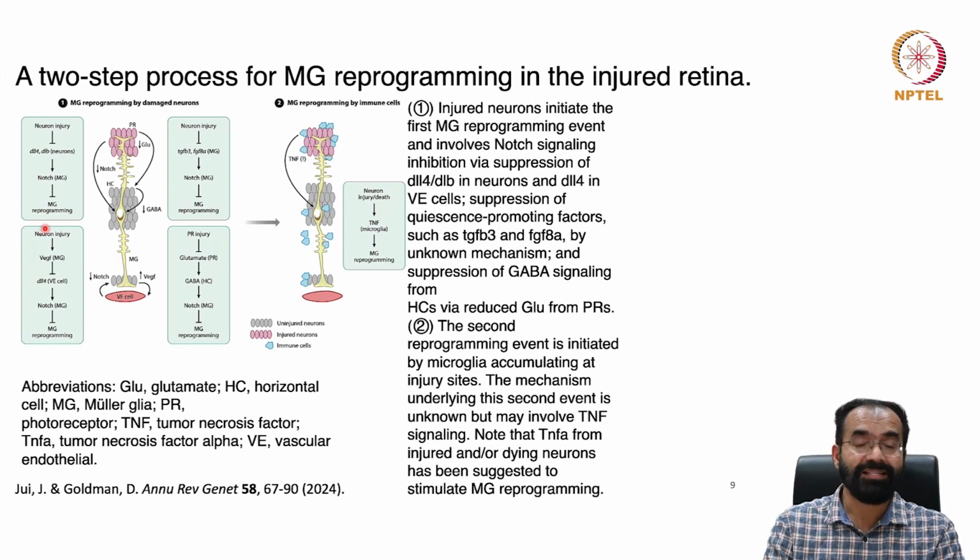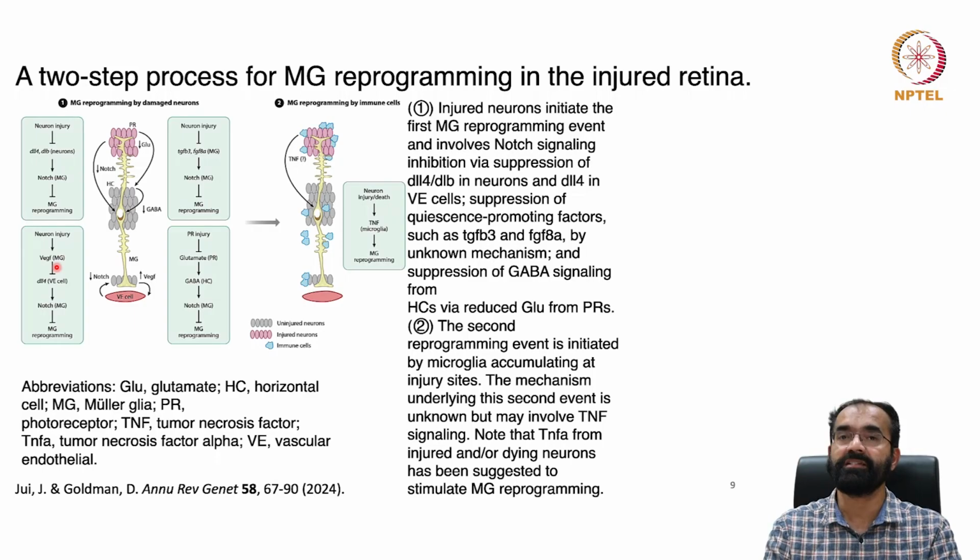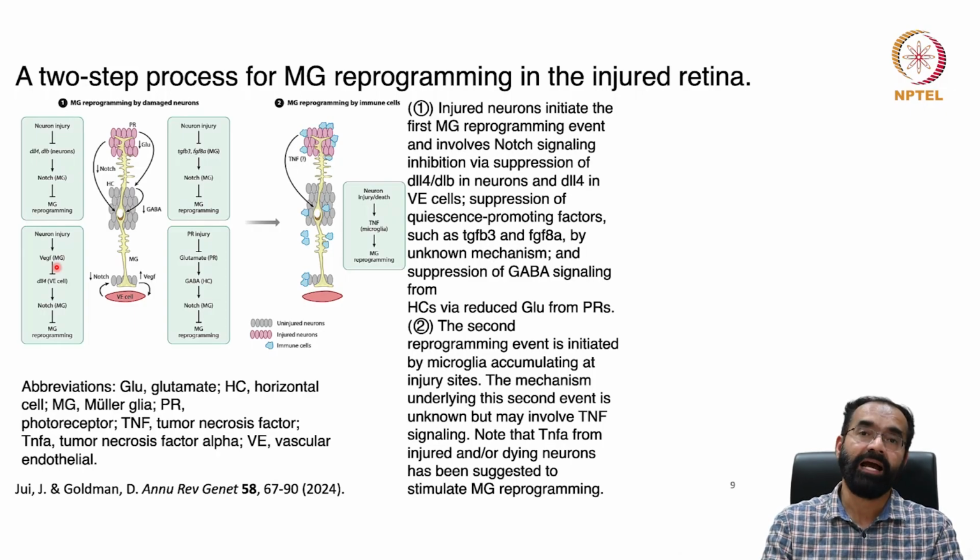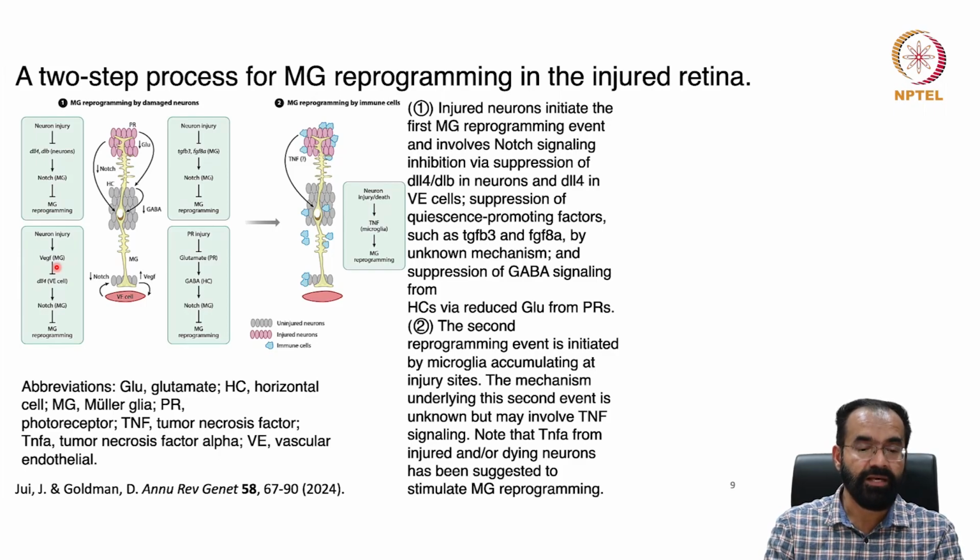that some of the cells, that is the VE, vascular endothelial cells, because the newly formed cells also need blood supply. So the endothelium has to assemble so that the blood vessels can form. So the same neuronal injury can create a VEGF expression in the Muller glia, vascular endothelial growth factor, and that can inhibit the expression of DLL4.